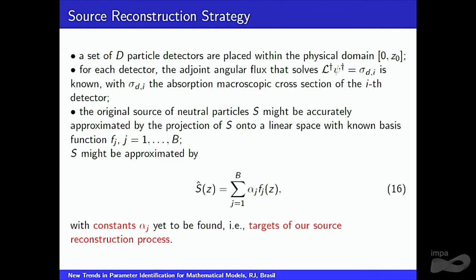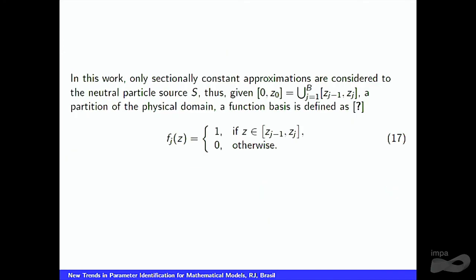We suppose that we can expand that source in terms of a basis function that we are going to choose, and then we want to reconstruct these coefficients that we call alpha j. In this work, in general, we choose the basis functions as piecewise constant functions, defined in some partitions of the domain.